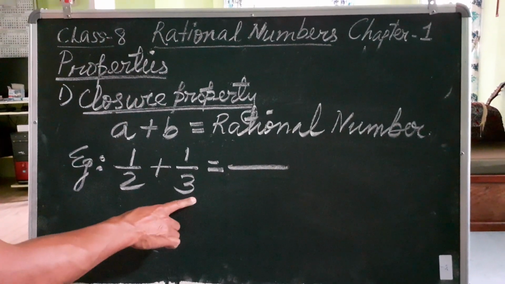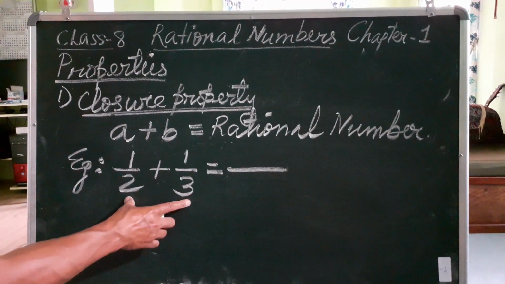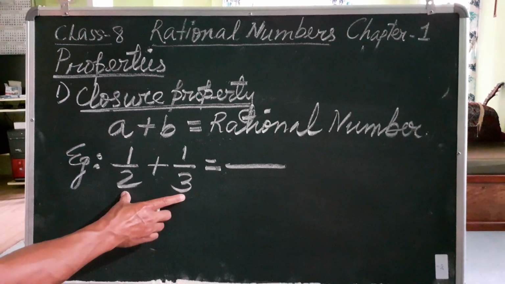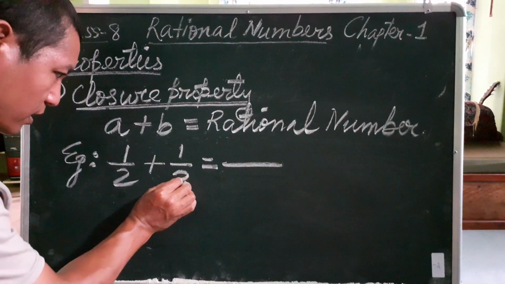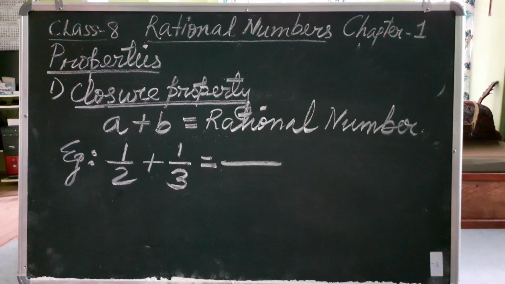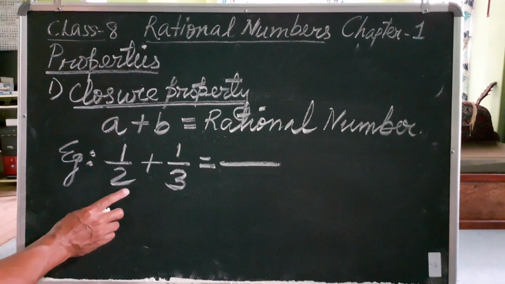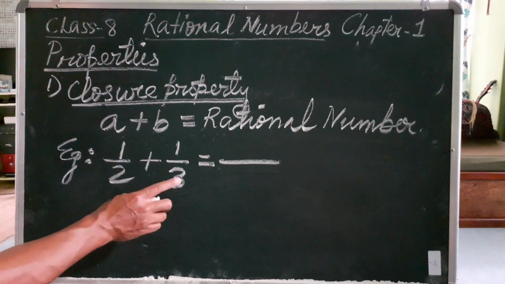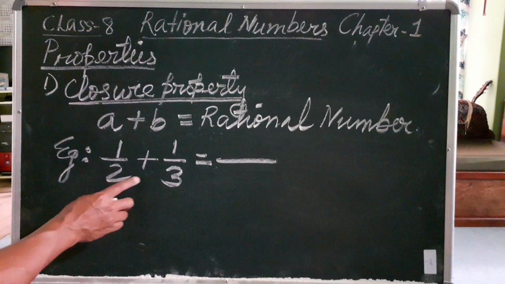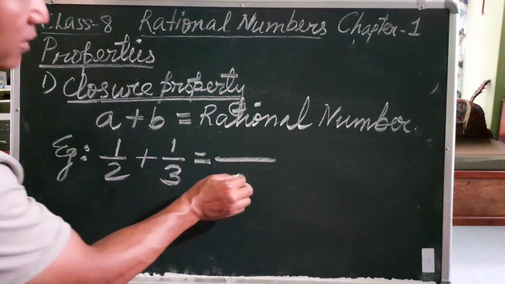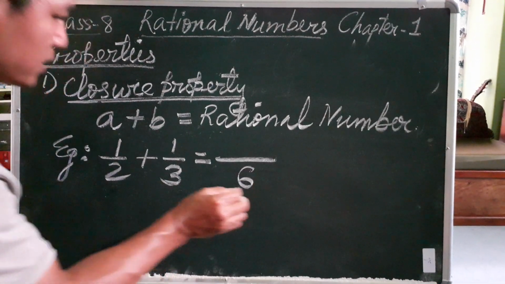LCM of 2 and 3. When you take the LCM, if one of them is an odd number, to get the LCM, just multiply. LCM of 2 and 3 will be 2 multiplied with 3, which is 6.